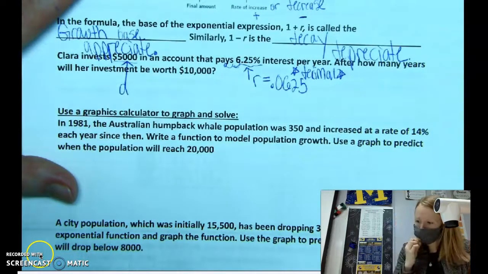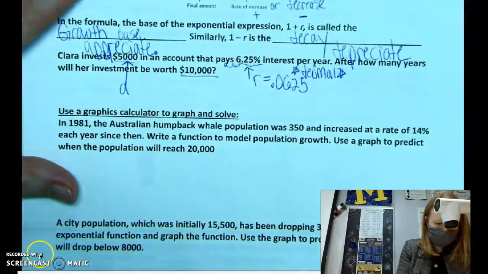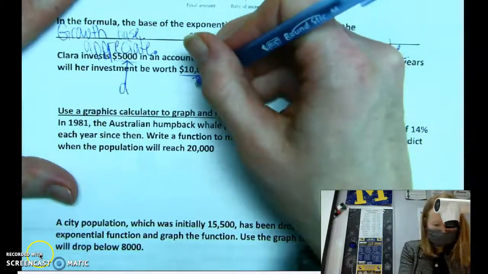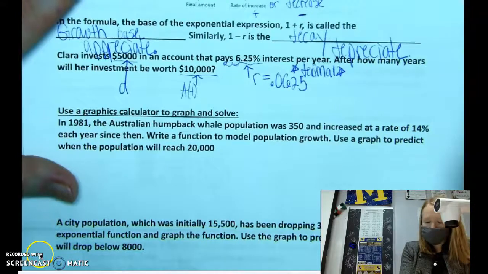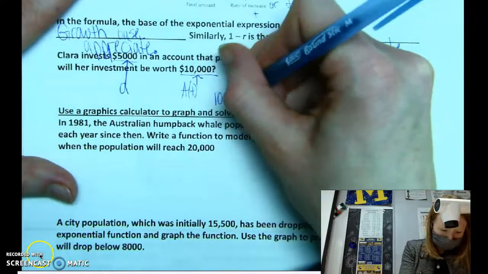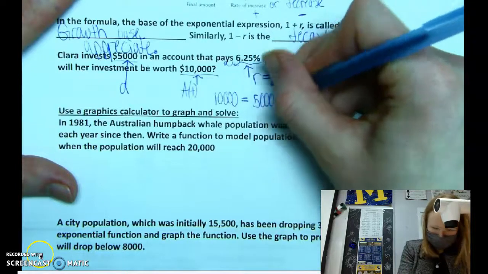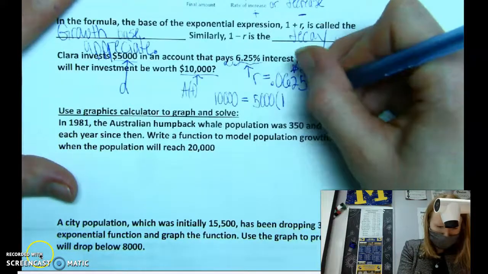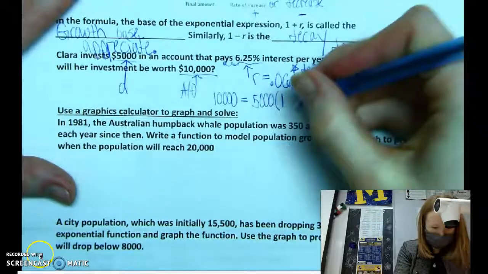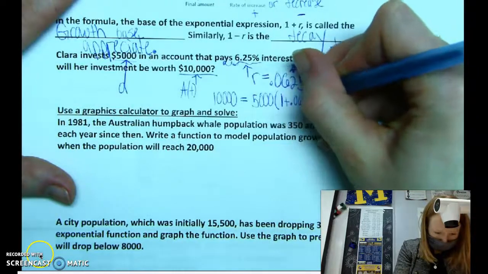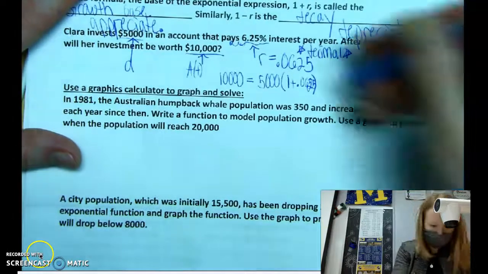And then it says after how many years will her investment be $10,000? That would be your final amount, A of t. So if I were to set this up, I would get something like 10,000 equals 5,000 times 1 plus, in this case, increasing by 6.25%, but you need to use the decimal, so 0.0625, raised to the t.